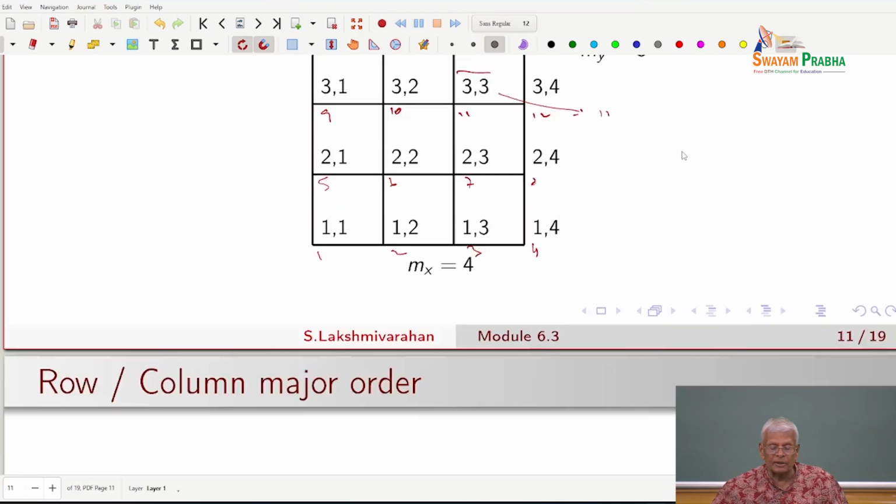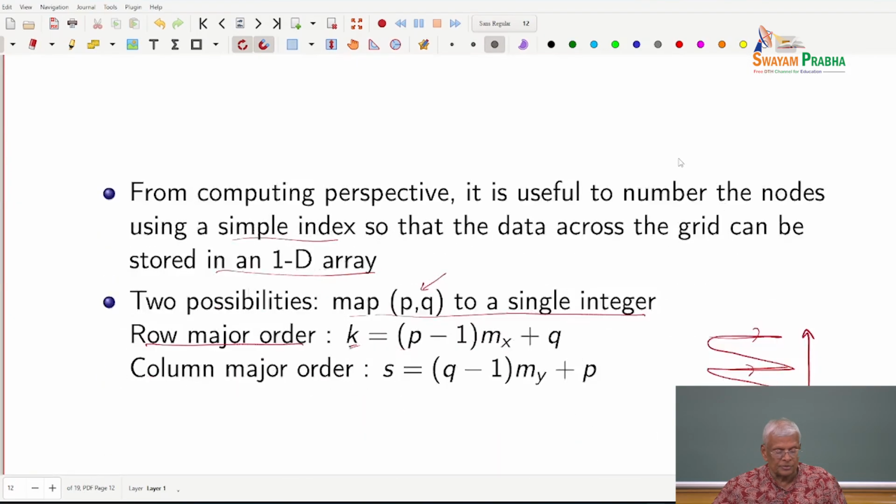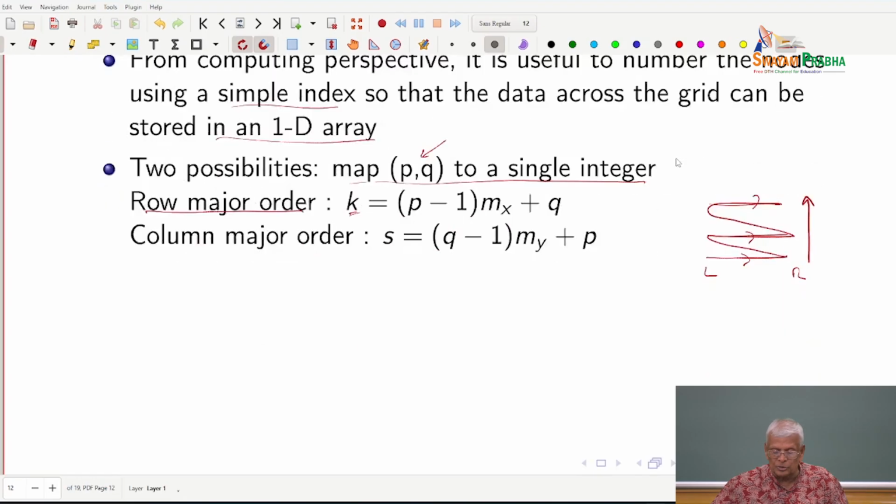So with this, I can represent the grid either using two indices or using only one index. I can do it in row major order or column major order. In the column major order, k is q minus 1 times my plus p. The row major order k is equal to p minus 1 times mx plus q.